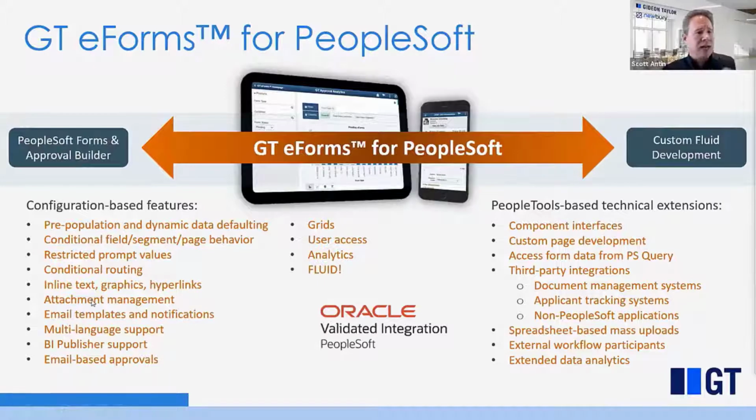Attachment management, inline text, email templates and notifications. You'll see examples of many of these things in the demonstrations that I'm going to be showing you. And then obviously, PeopleTools-based development that organizations use to extend the capabilities of GTE Forms. And there are over 100 different PeopleCode hooks built into the framework to allow for easy extensibility.